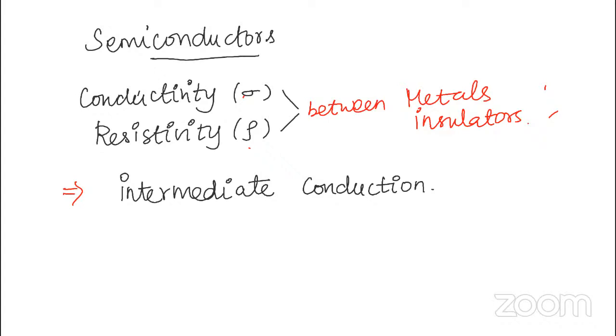So what about the sigma value and rho value? Here the sigma value is equal to 10 power 5 to 10 power minus 6 Siemens per meter.